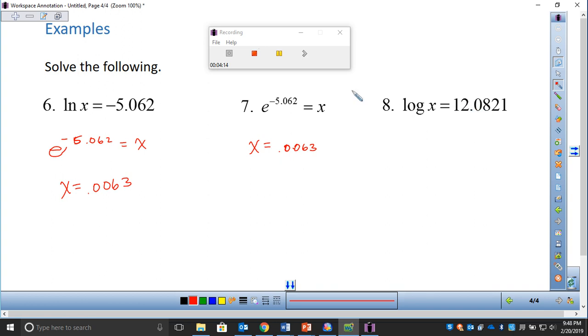Very similar to number 8 as was to number 6. Again, no base, so that means my base is 10. So setting this up in exponential form, 10 to the 12.0821 equals x. Now, you can plug this in however you want in your calculator, but if you hit the second and then the log button, it gives you the 10 to raise to the exponent power.